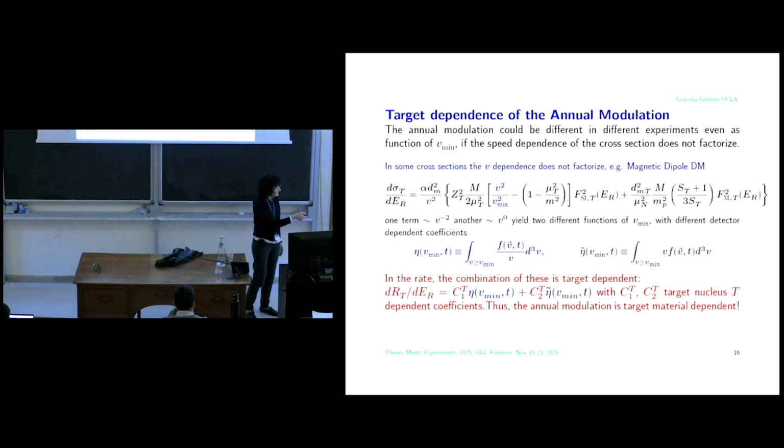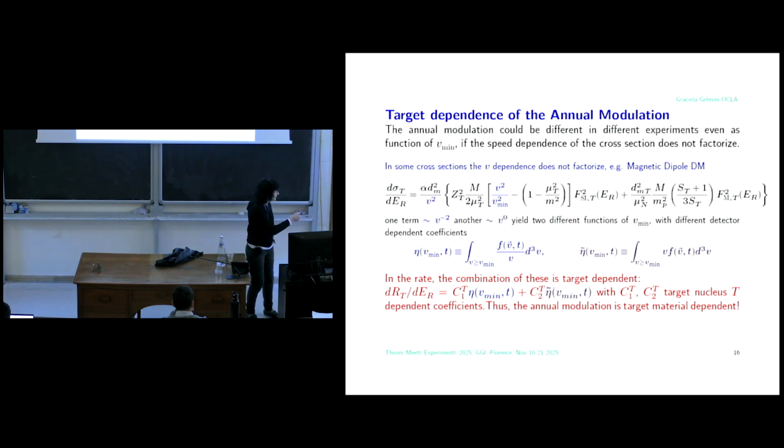Then you have two different integrations, and these functions change differently, and they are multiplied in the rate by coefficients that depend on the target nucleus.